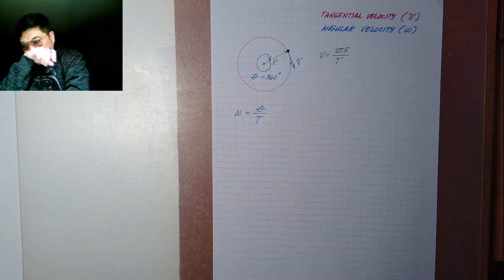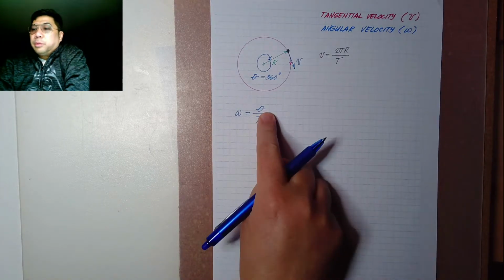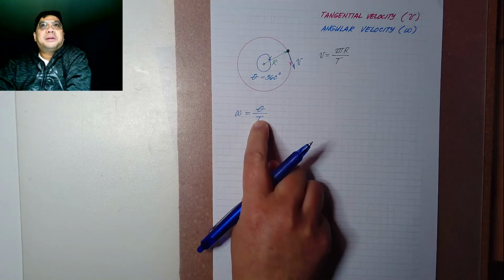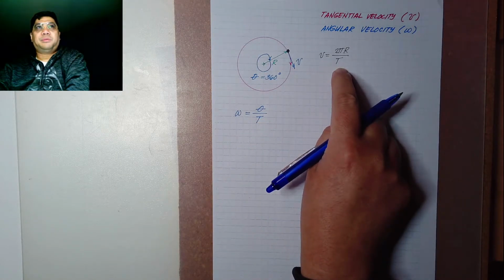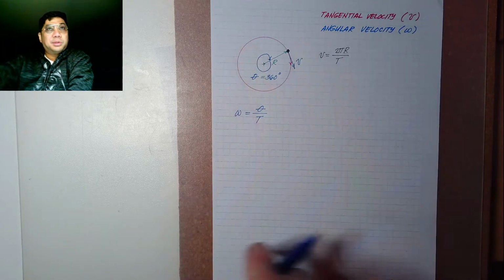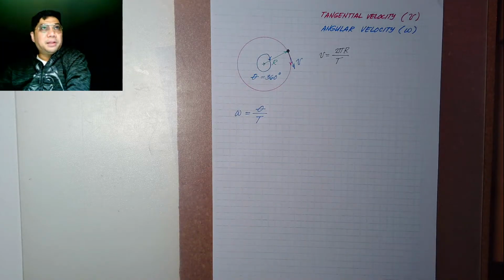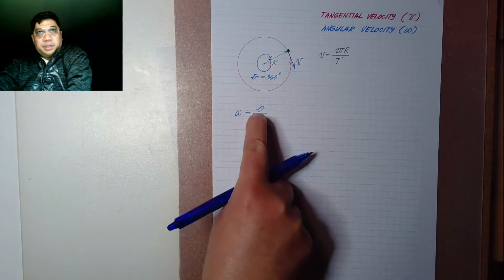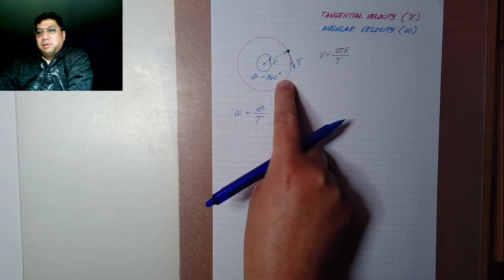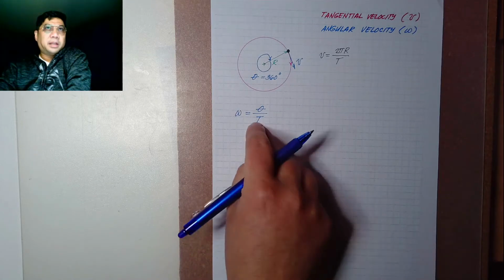Now, the period for our angular velocity is the same as the period of your tangential velocity, because it's the same circle, the same path, the same object traveling at that moment. So we can say 360 degrees divided by the period. That's degrees per second.